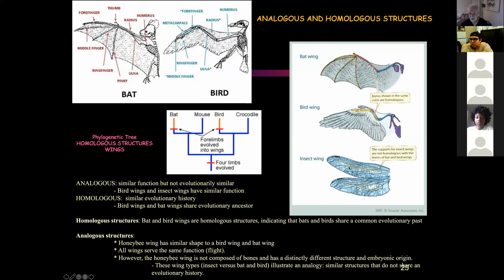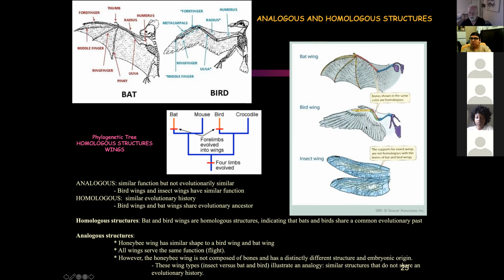They're all used for flying, but where did they come from evolutionarily? Well, it turns out if you look at the bat wing and the bird wing, all the bones are the same. So you can, and they're color coded here. So the red bone in one is the red bone in another, yellow bones, purple bones. And so since in two completely different organisms, the structures are the same, they're called homologous.